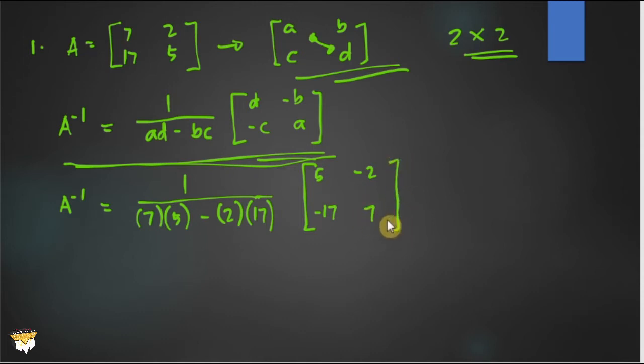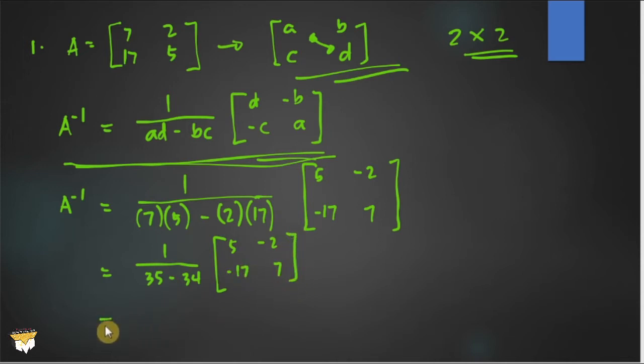Okay. Next, given that, we have to multiply them. We have 1 over 7 times 5, of course, is 35, minus 17 times 2 is 34. Then, times 5, negative 2, negative 17, and 7.